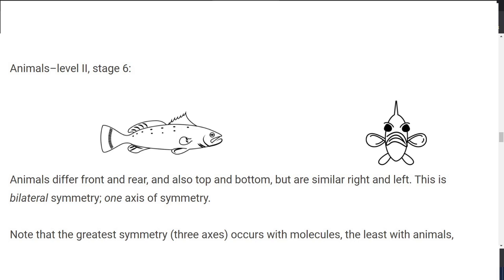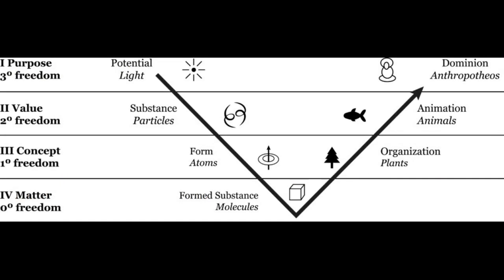Okay, so let's take a look once again at the V-shaped model. So we can see now in terms of the symmetries, at the bottom there we have complete symmetry, as we have seen, no freedom. The next level up, the level of atoms, which is analogous to plants, we have radial symmetry, and they have 1 degree of freedom, both of them.